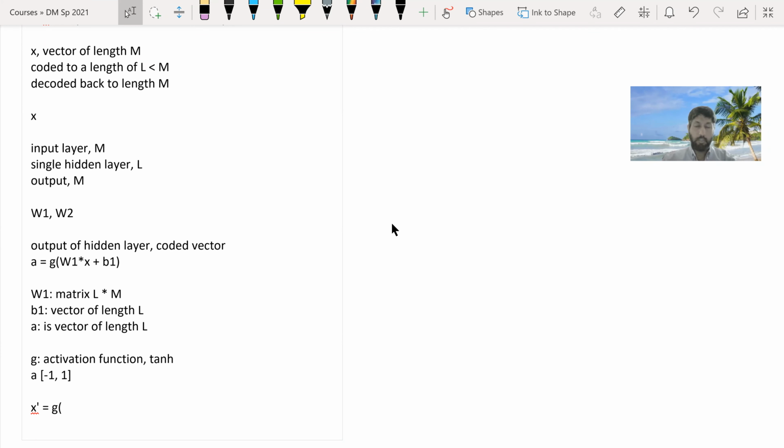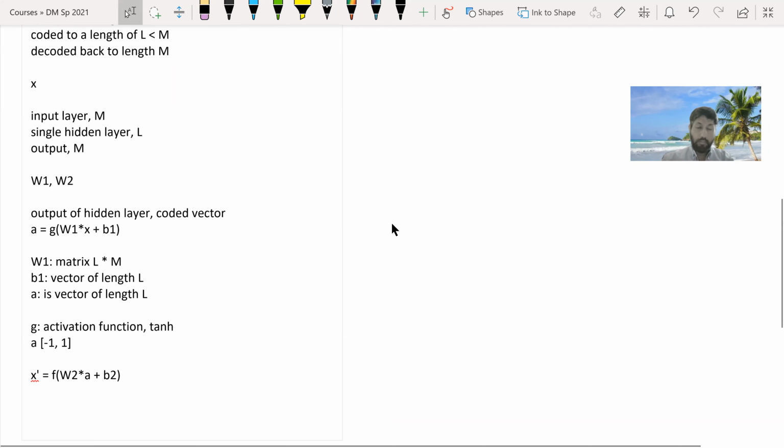You can take the same function, or it is typically linear. Let's use another name, f. Then W2 times A plus B2. Okay? So this is the second part, and this is the decoder part. The first is the encoder part. The second is the decoder part, and we are getting back X prime.